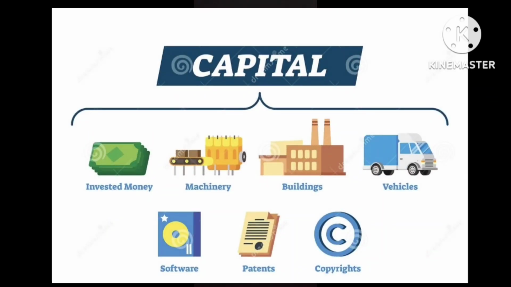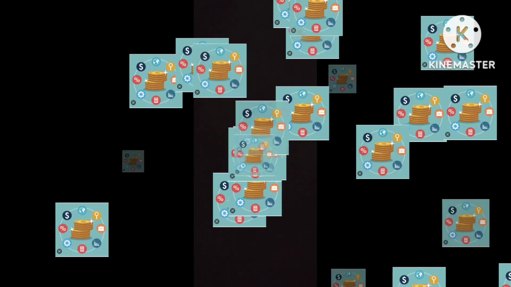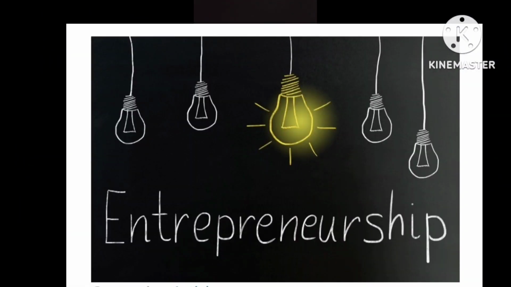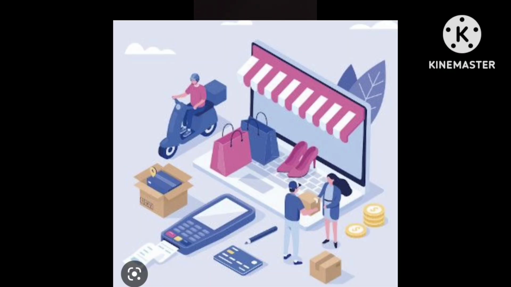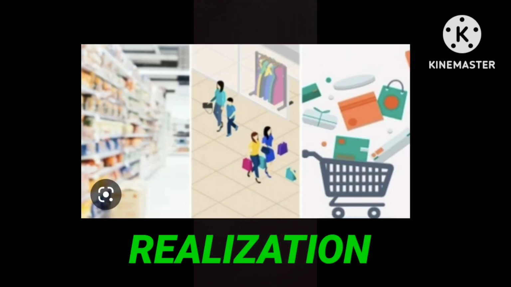It is the assets used by businesses in the course of producing their products and services, and can include buildings, machinery, tools, and equipment. To complete the 4 production factors, entrepreneurship. It is the process of setting up a business, taking it from an idea to realization.